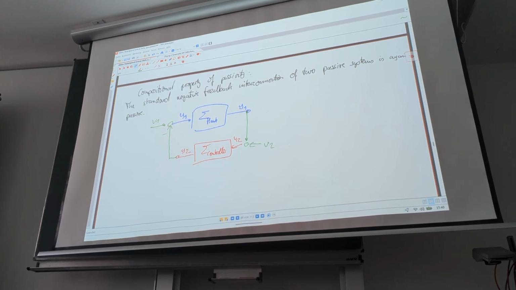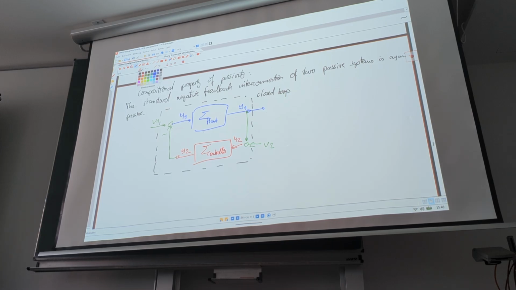I'm not going to prove this, but this setup, so if I consider the closed loop, I should draw this a little bit longer, this is passive again.